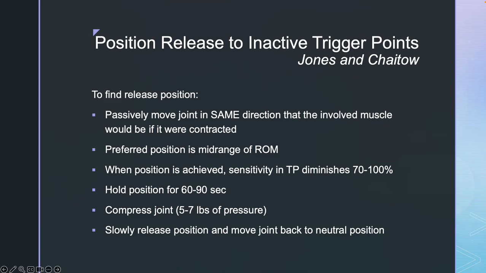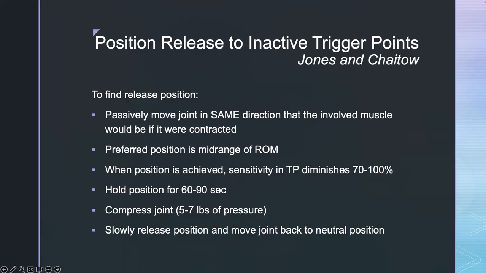So we are moving it passively in the same direction of contraction. The preferred position is about mid-range, okay? So this is about mid-range, 90 degrees about, right? When the position is achieved, typically your trigger point pain and sensitivity will drop down 70 to 100%. So the idea is to get this muscle in mid-range to cancel out the activation.